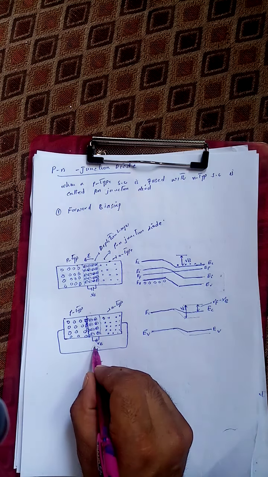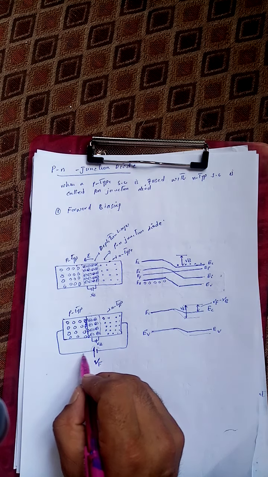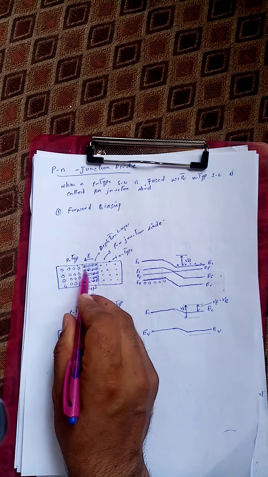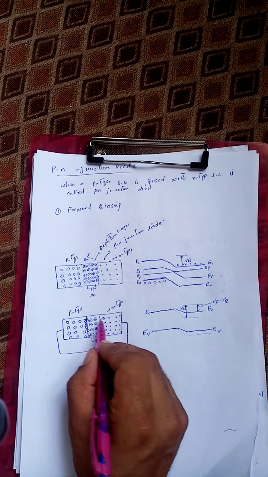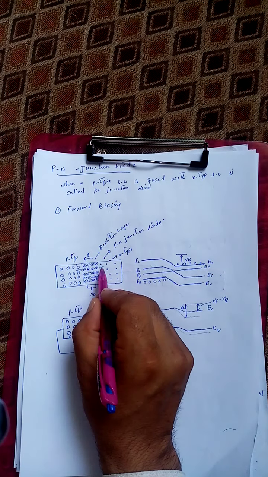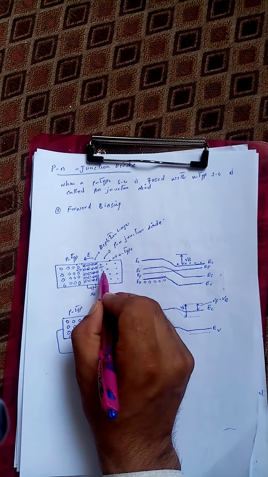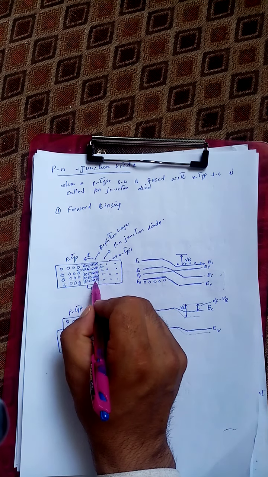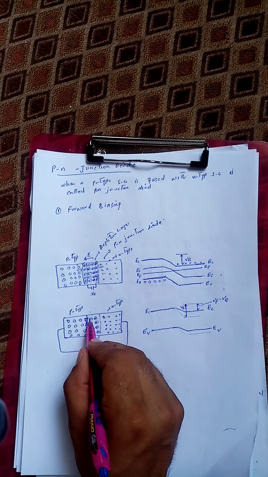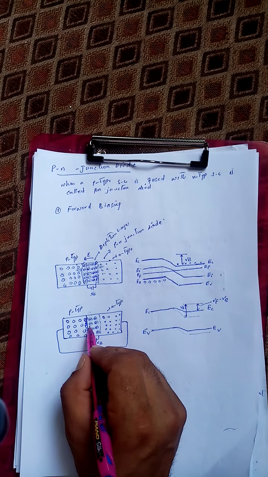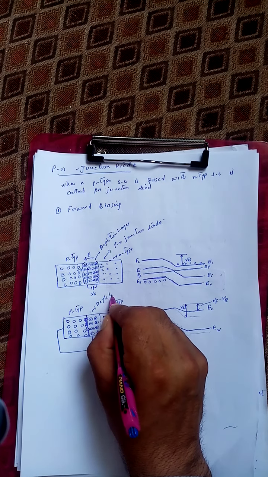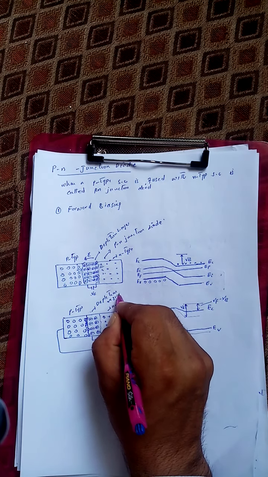Why? We have the positive terminal here, so this positive terminal pushes the holes towards the junction, and this negative terminal pushes the electrons towards the junction. So this positive charge density region is now gone, and we have only this small depletion region. Due to this, the depletion region width decreases.